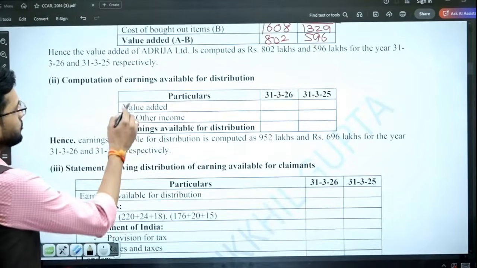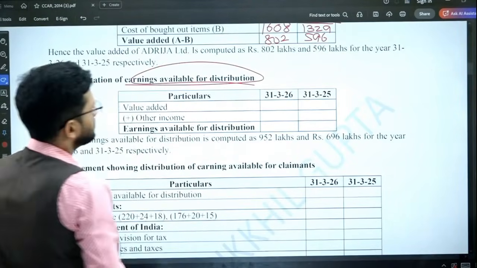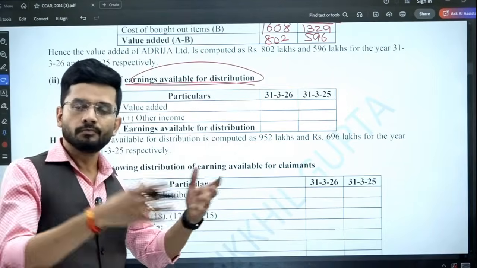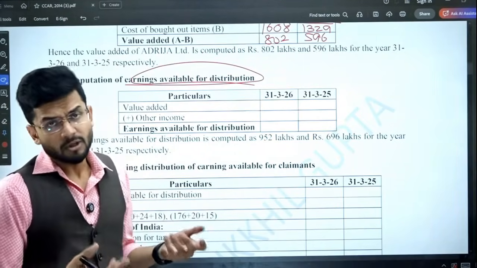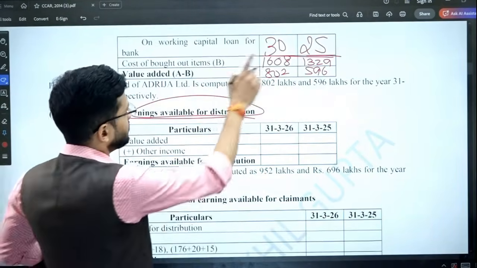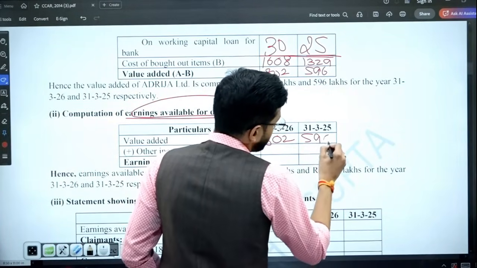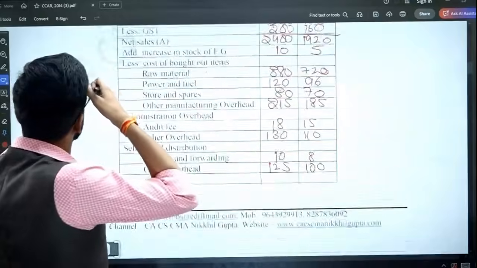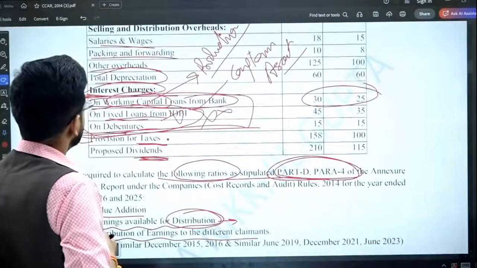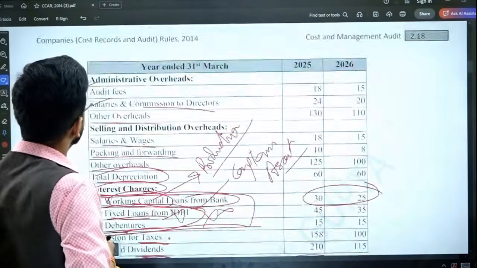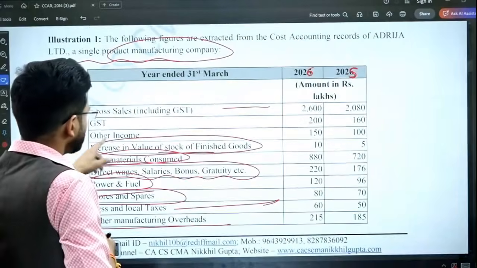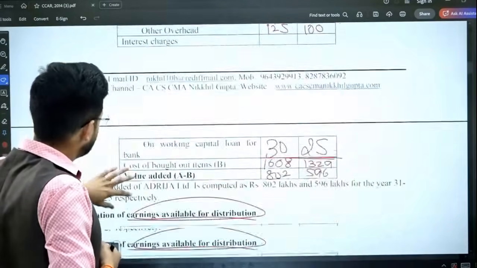Now, we have to compute the earnings available for distribution. What are the earnings which are available for distribution to everyone, like shareholders, like employees, everyone, okay? It is not only value addition, 802, but also the other income. Other income will include 150 and 100.